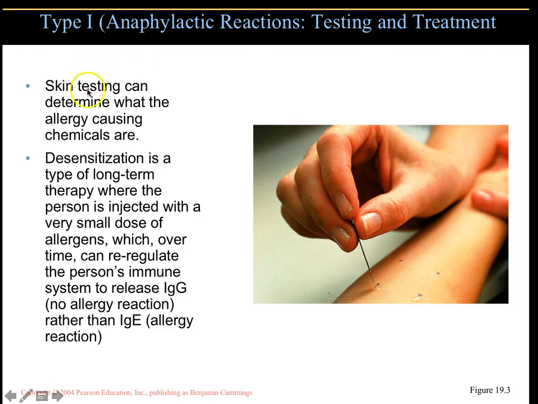So it says skin testing can determine what the allergy-causing chemicals are. They can do it this way. They very often, especially if it's a dangerous situation, will take a sample of blood and do it so the person doesn't have to sit in the doctor's office and perhaps go into anaphylactic shock.